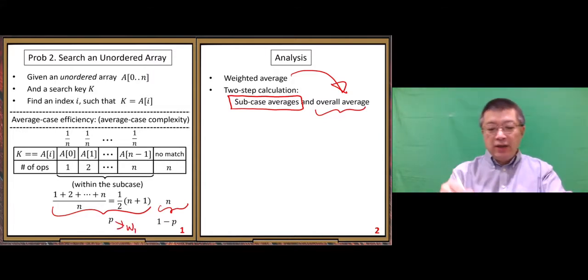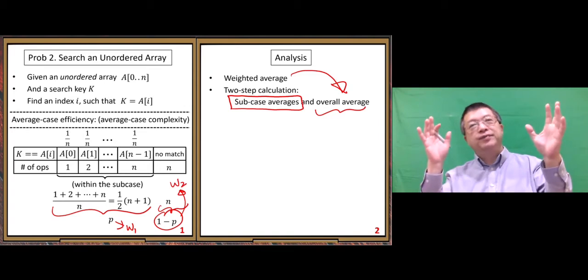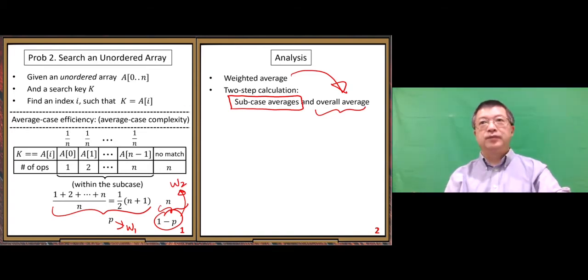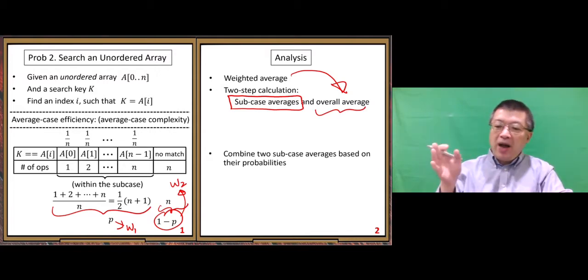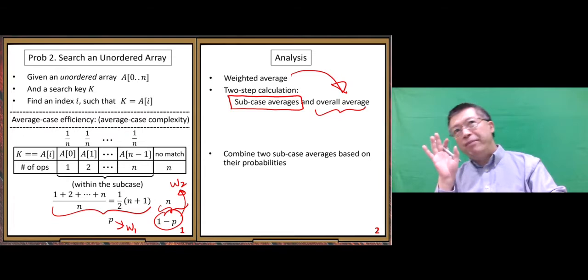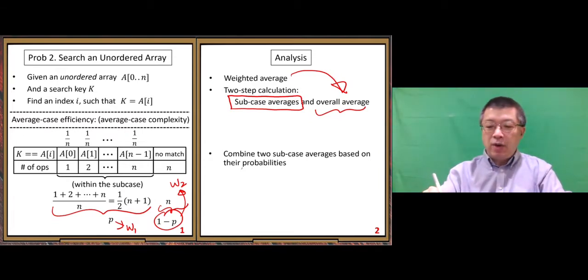This 1 minus P is the second weight, W2. So we combine the two subcase averages based on their probabilities, which correspond to the weights.